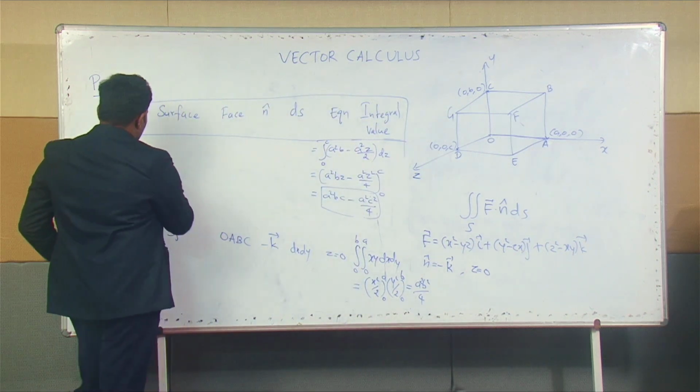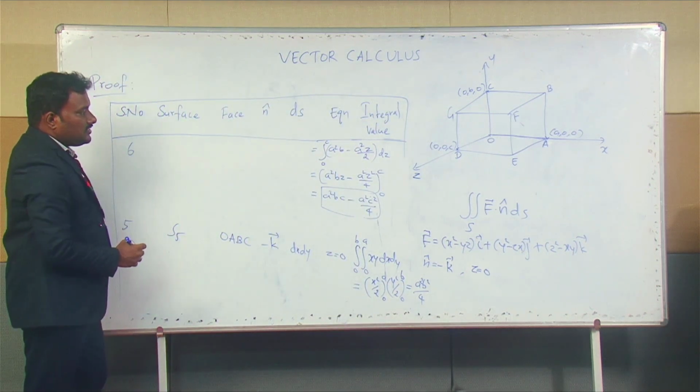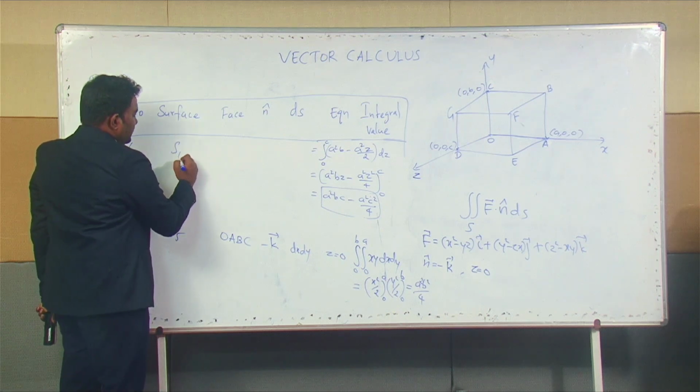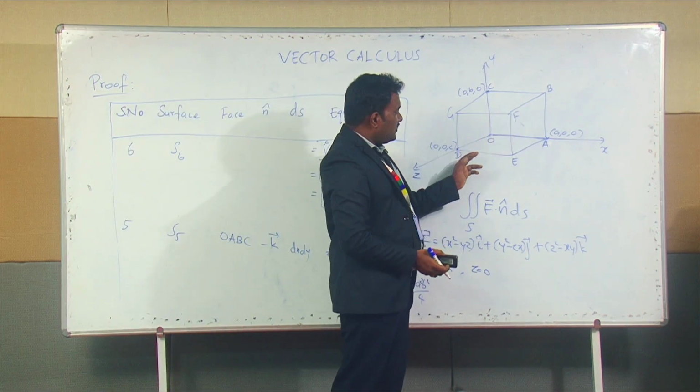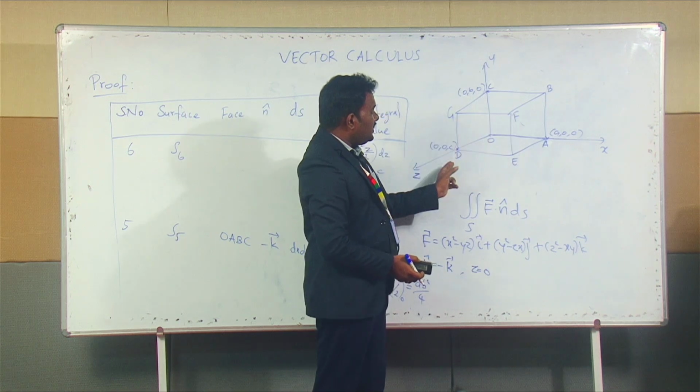So, when you go for the sixth surface, which is the last one, S6, the plane we have taken is parallel to the last one, which is this FGDE.